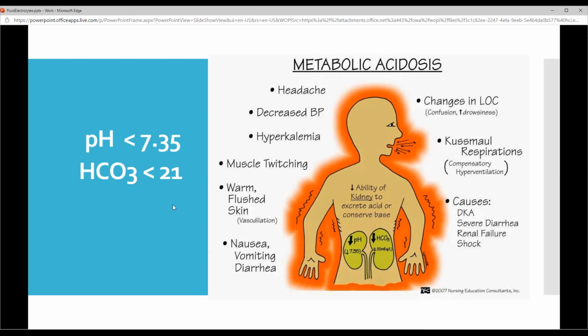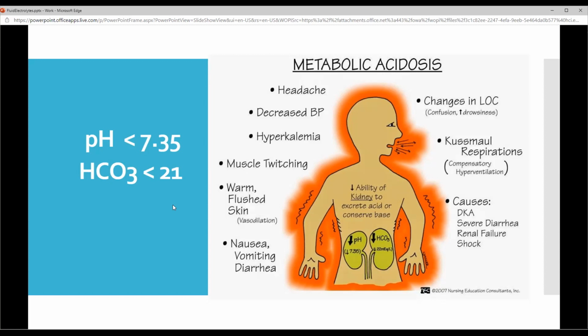So in metabolic acidosis, the pH goes down and the bicarb goes down. If you look at that ABG quick interpretation cheat sheet I gave you, you'll see how the arrows move. Metabolic acidosis, pH goes down and bicarb goes down.